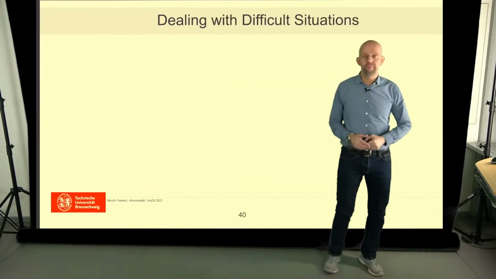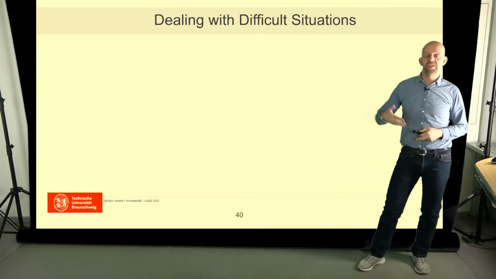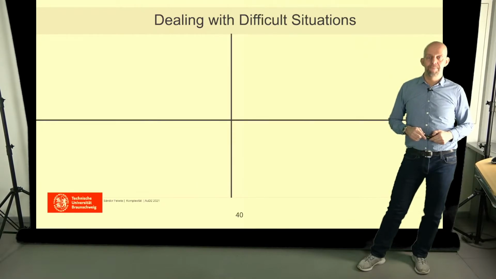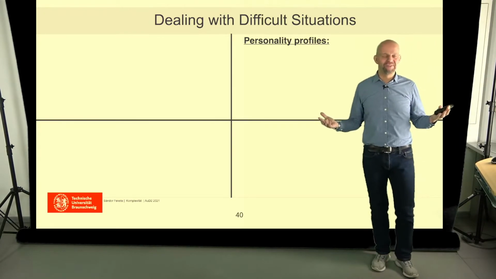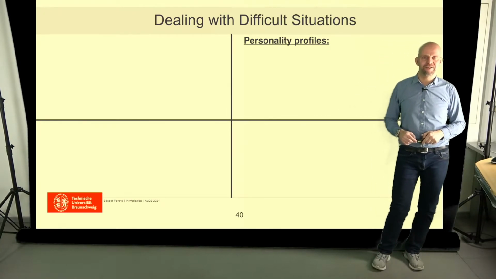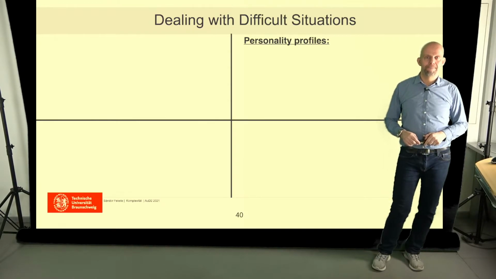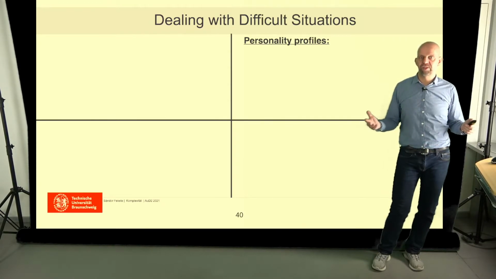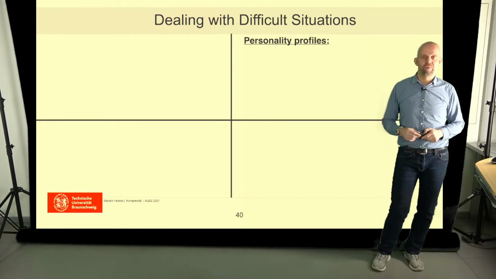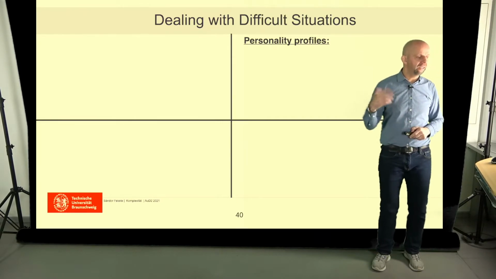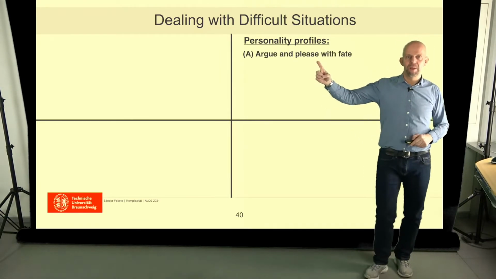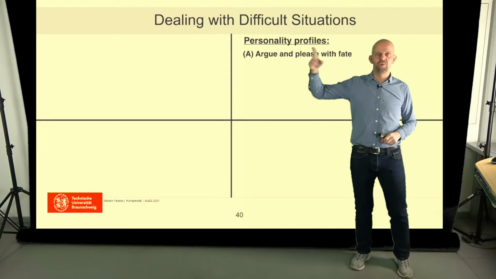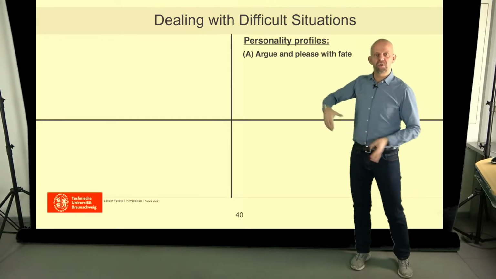And now what people are doing in difficult situations is they try to cope with it. So let me just look at this. There are some profiles, and in these times of pandemics, we've seen that. There are some people who will not accept that this is really true. They will try to argue and plead with fate, and these are lawyers or conspiracy theorists.